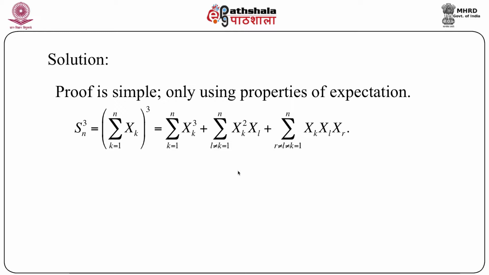So basically the second term has two summations, one over l and another over k, both run from 1 to n, but l cannot be equal to k. Similarly, the third term has three summations over three suffixes r, l and k. Each of them runs from 1 to n, but r not equal to l not equal to k.